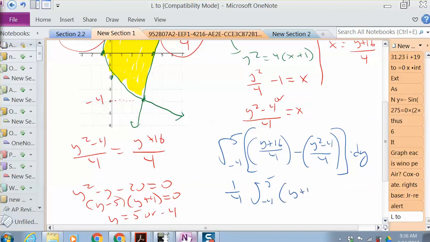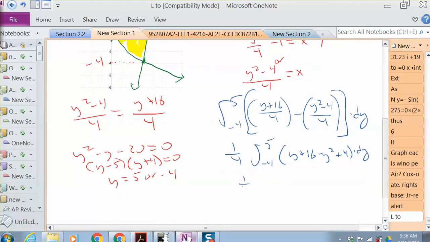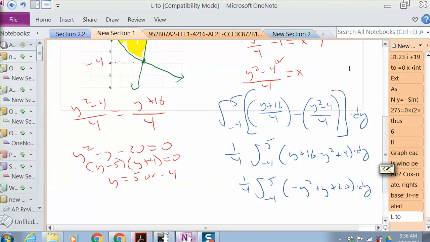So it's y plus 16 minus y squared plus 4. You could probably go a bit further with that. Negative y squared plus y plus 20. Personally, I don't feel like integrating that, or I mean, I could integrate easily, but substituting 5 and negative 4 is going to get a little bit nasty.